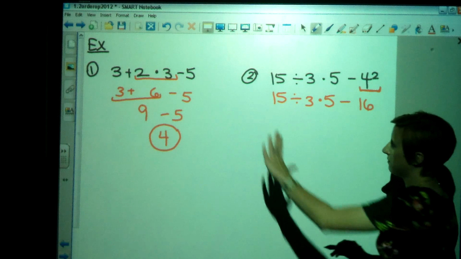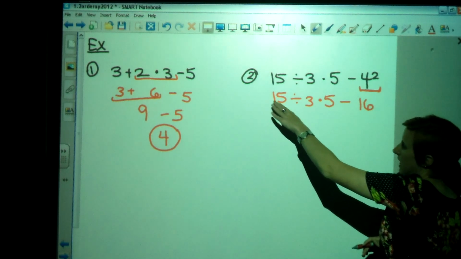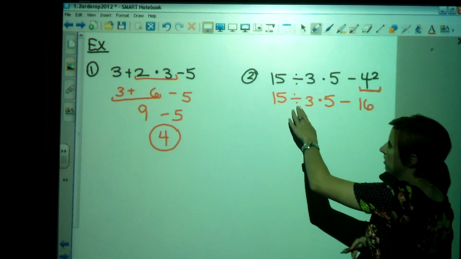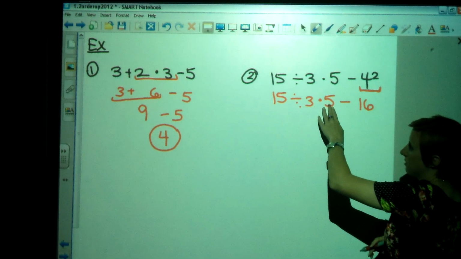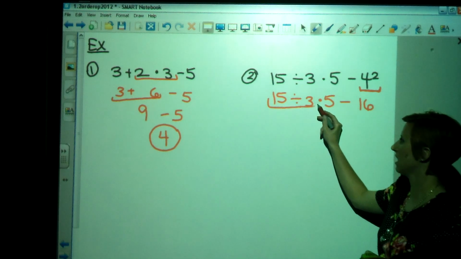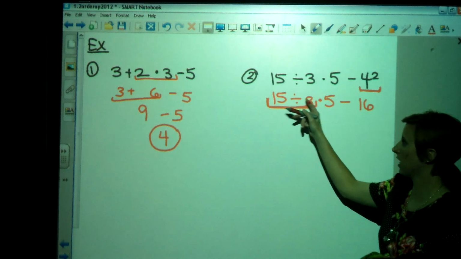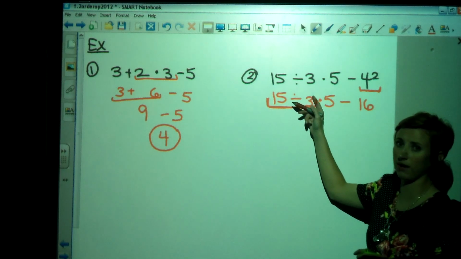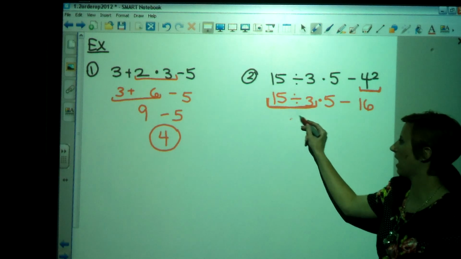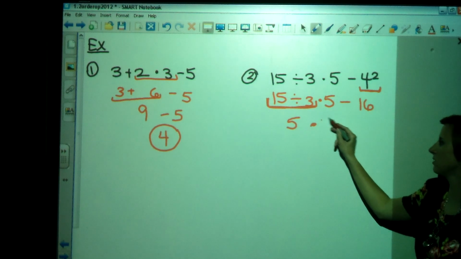So if I start at the left side of my expression and I move over, 15 divided by 3 occurs first before my 3 times 5. So I'm going to have to first do 15 divided by 3 because it occurs first in order from left to right. So 15 divided by 3 is 5. I drop down my times 5 and minus 16 because I didn't use them.